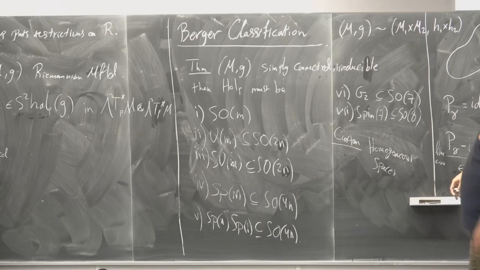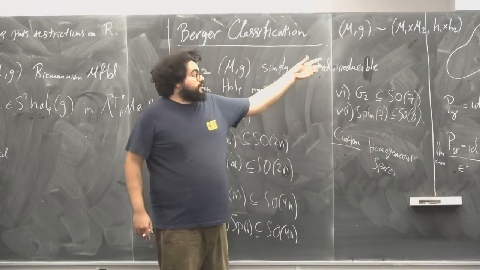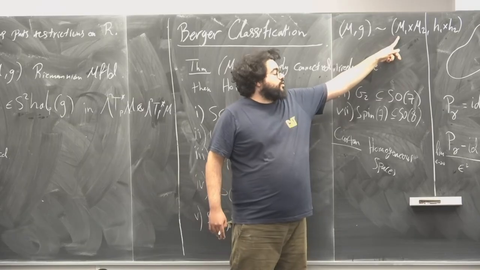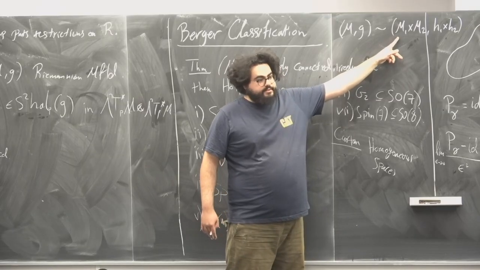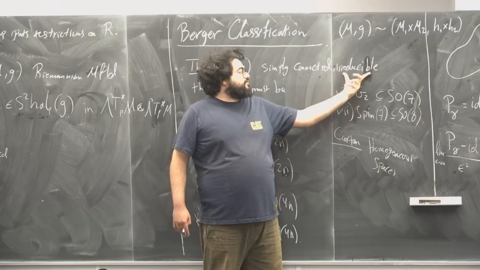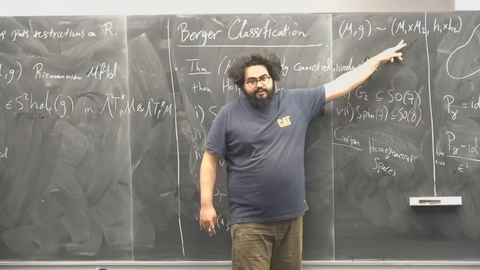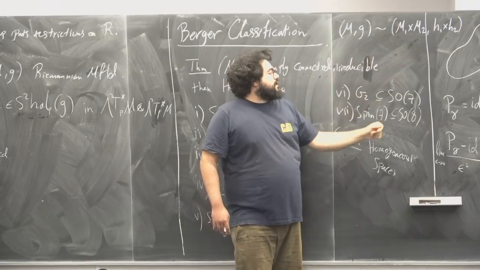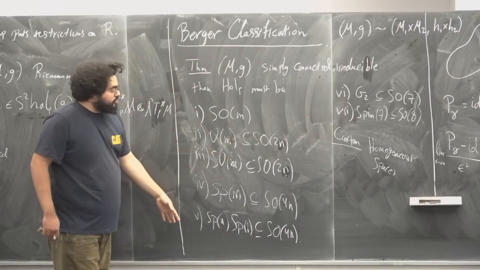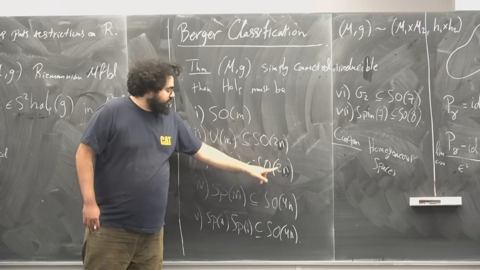We want a manifold that doesn't do this, because if this happens, the holonomy group of this manifold acts reducibly on the tangent spaces. So if we look for Riemannian manifolds that are irreducible, which means they don't locally look like any of these, then we get all of these groups that act irreducibly on R^n, or whatever dimension this is.